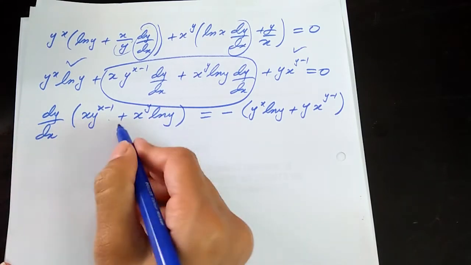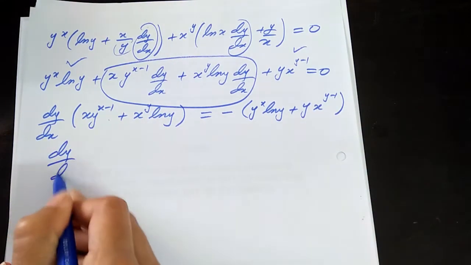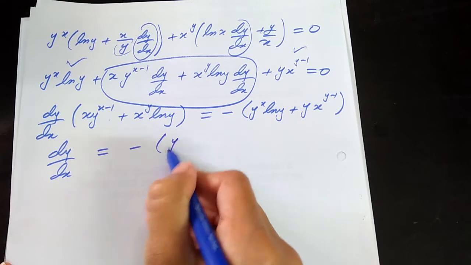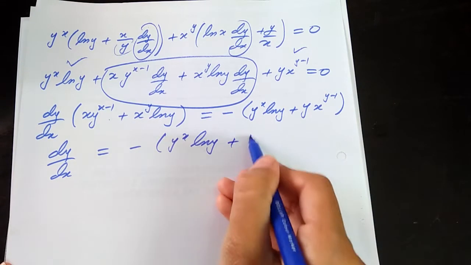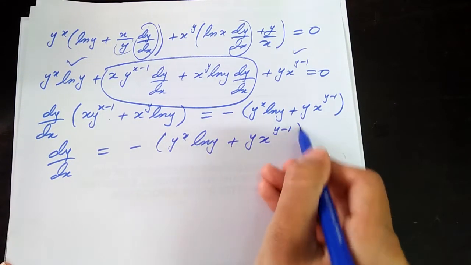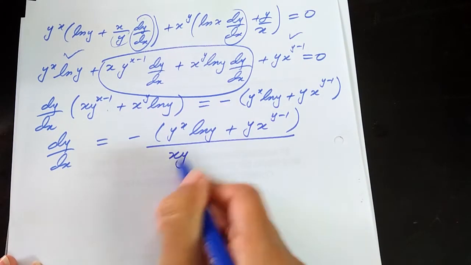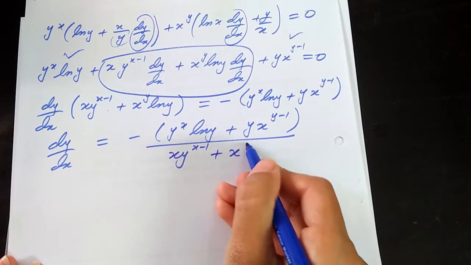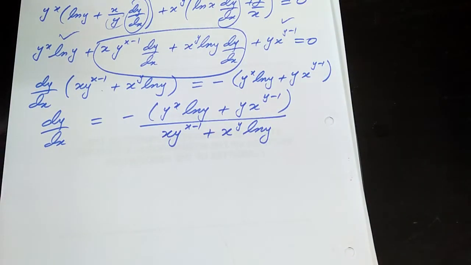Divide it on the other side, so we will get dy by dx equals minus times y raised to power x ln of y plus y x raised to power y minus 1 divided by x minus 1 plus x raised to power y ln of y. So this is the answer for question number 18.